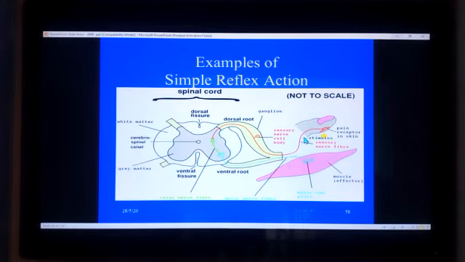Therefore, a simple reflex arc constitutes three neurons: the sensory neuron picking up impulses and delivering them to the relay neuron, and then from the relay neuron it delivers to the motor nerve fiber or motor neuron, which connects with an effector that is supposed to bring about the expected response.